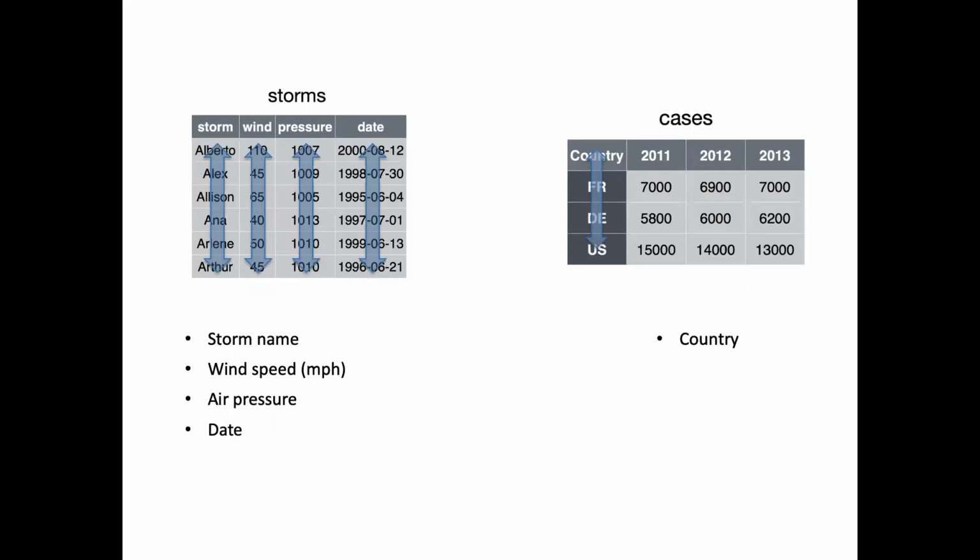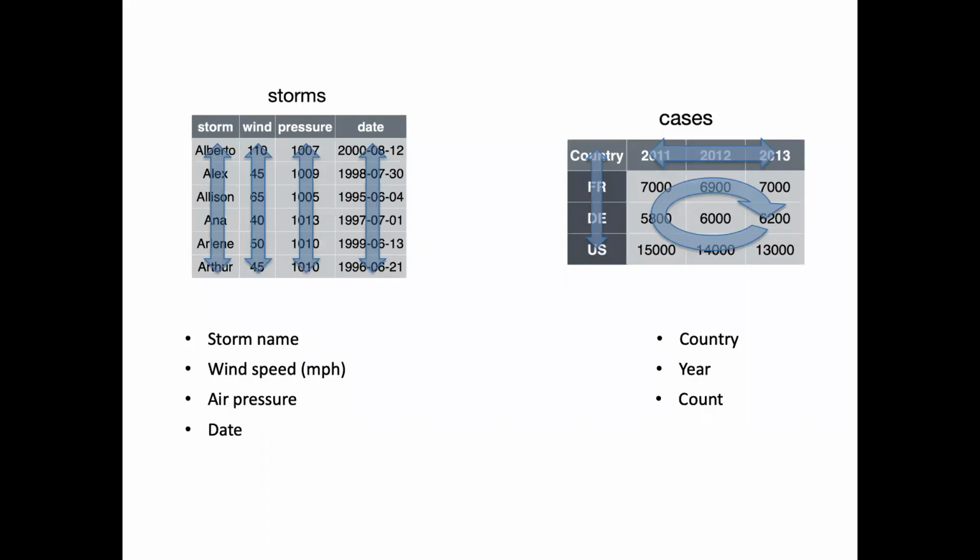We have one variable, country, which is in the first column, in the first row, but for second through fourth columns, you see a year, and then you have another variable that is embedded into this table, which is a count of cases of TB, we'd say.